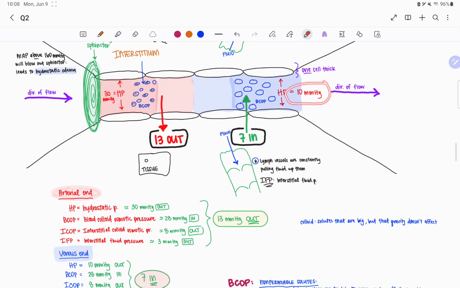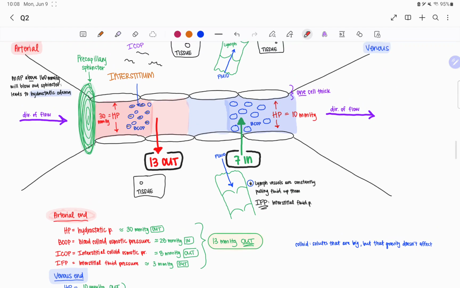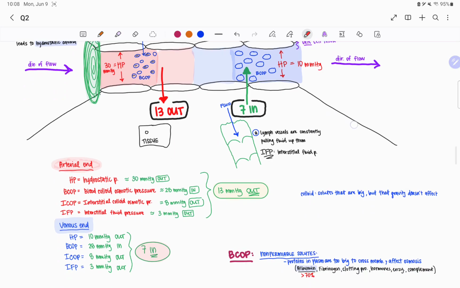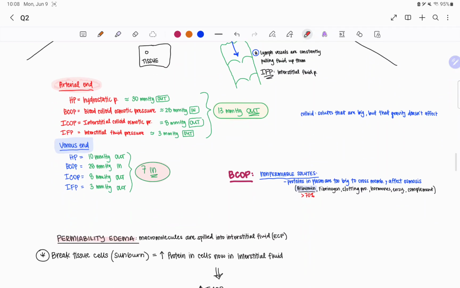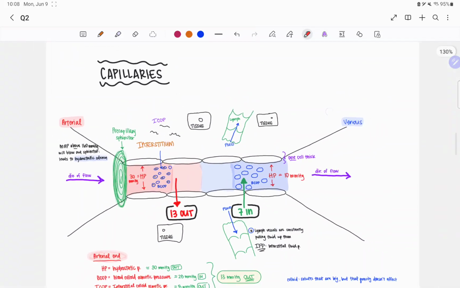But because the blood pressure, the hydrostatic pressure, is decreased so much, we now see that we have about 7 millimeters of mercury of pressure pulling fluid into the capillary, and then it exits the capillary and enters the venule, and it makes its way up to the right side of the heart, right? So that's what's happening in the capillary.